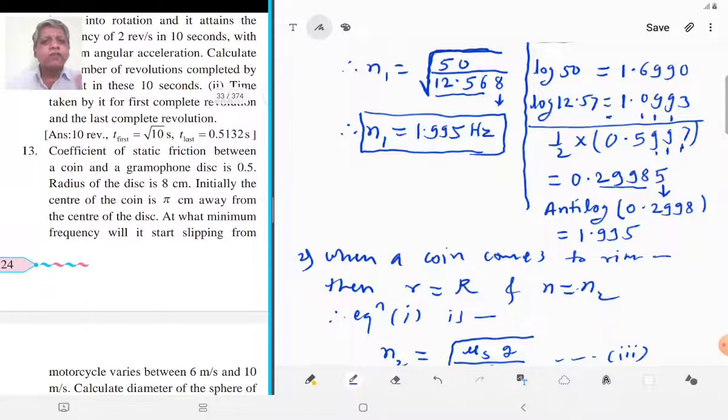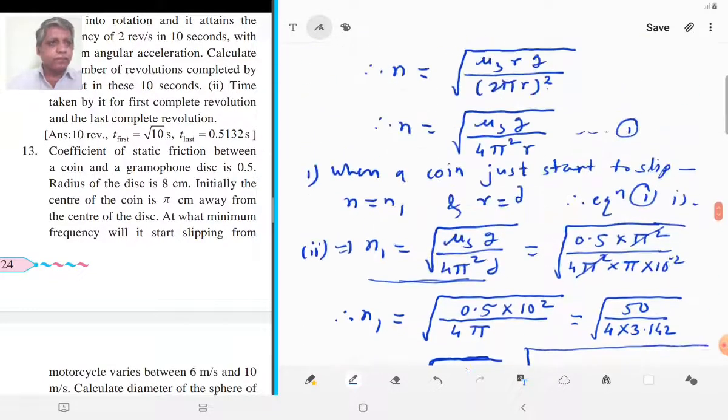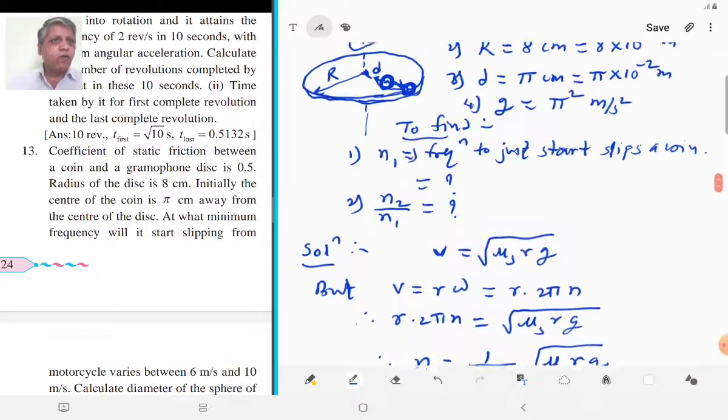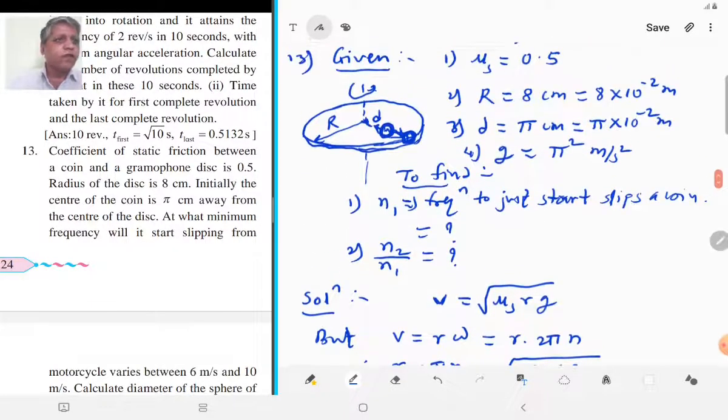That printing mistake is here. Initially, the center of the coin is pi centimeter away from the center of the disc. The value of D is wrongly printed.